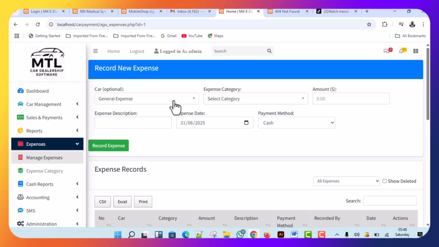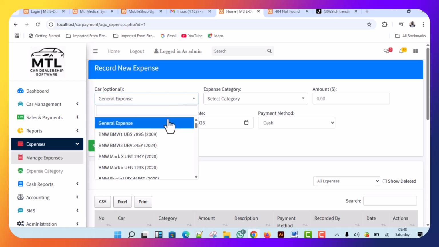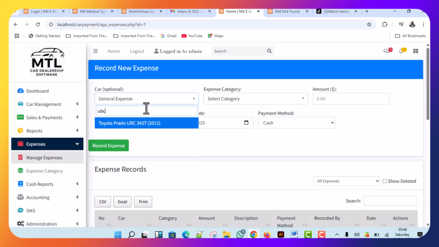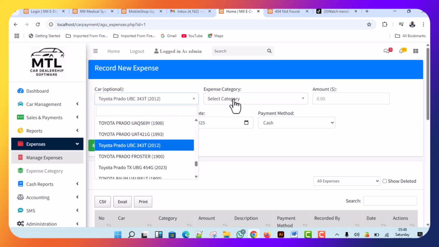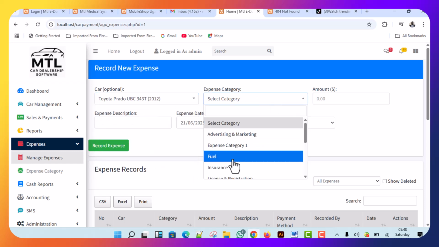Manage expenses: we select a car. These are the cars, and you can always search for a car number. Then you select the type of expense, like the way we recorded in categories.